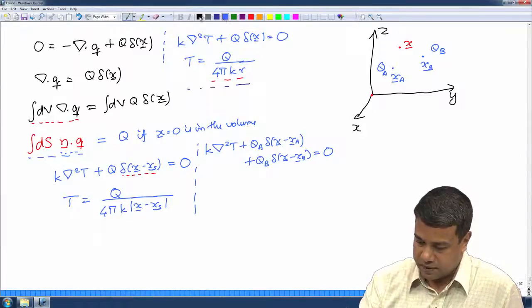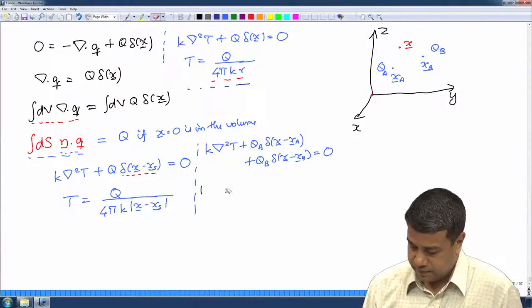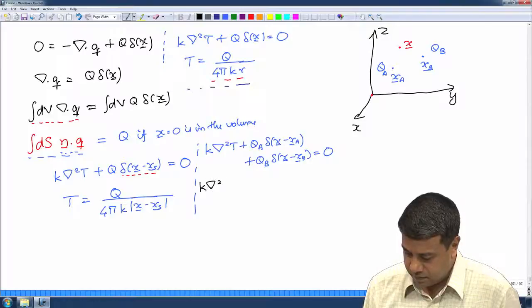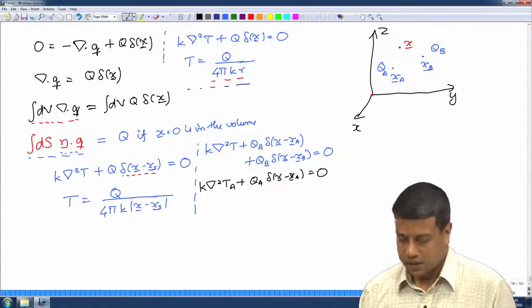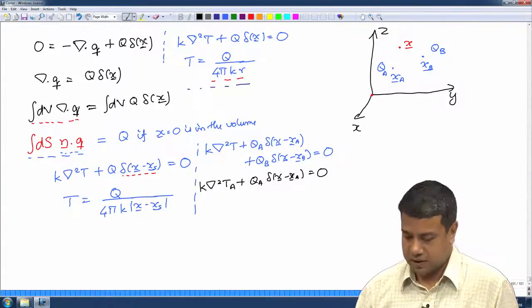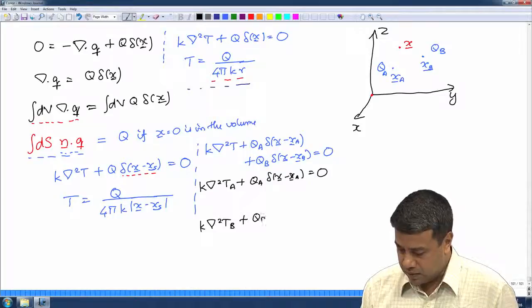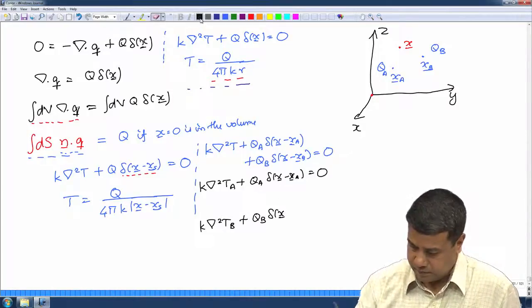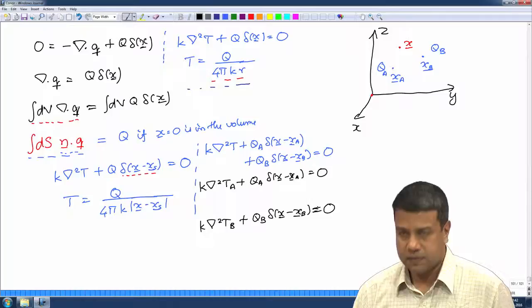So, the first problem I will solve is k del square T A plus Q A delta of x minus x A is equal to 0, that is with only one source present at the location A. The other is to solve k del square T B plus Q B delta of x minus x B is equal to 0.